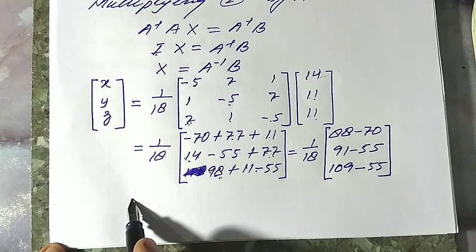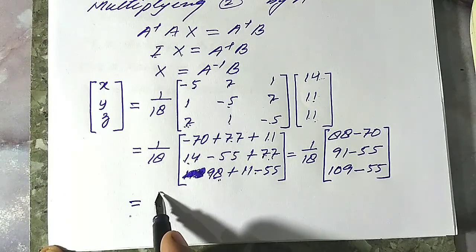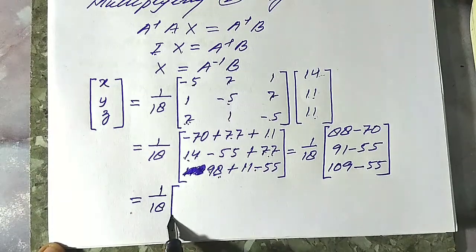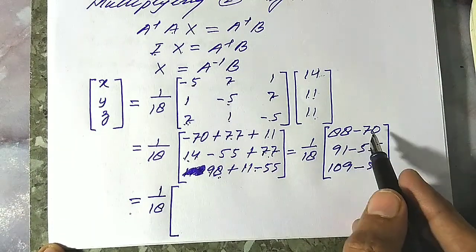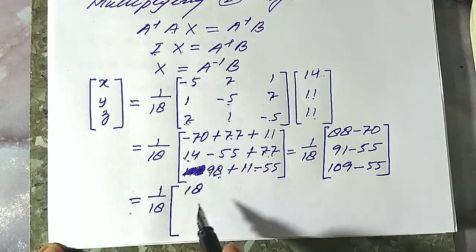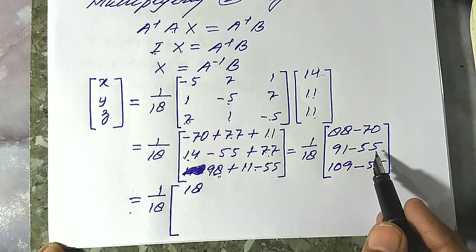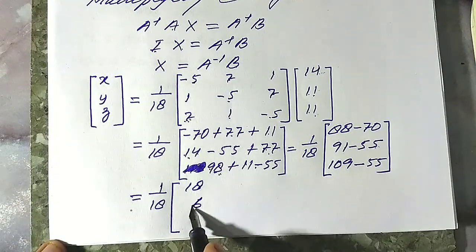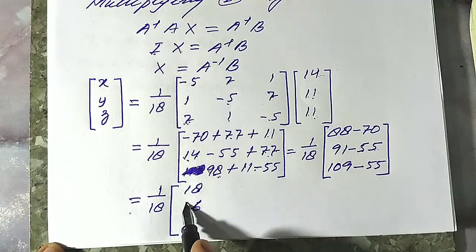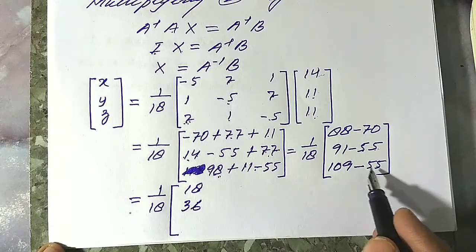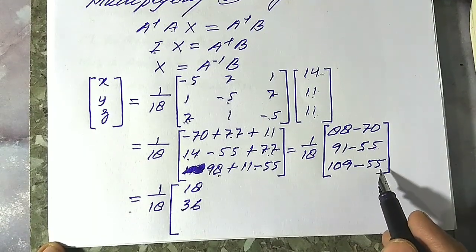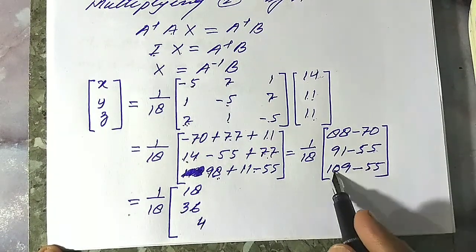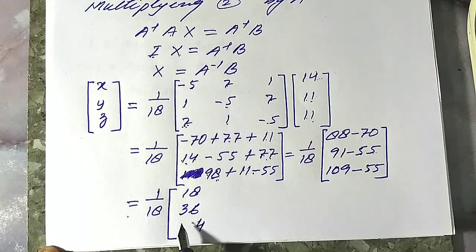So at last we have 1 upon 18, and column matrix 88 minus 70, 18, and 91 minus 55, 36, and 109 minus 55, 54.